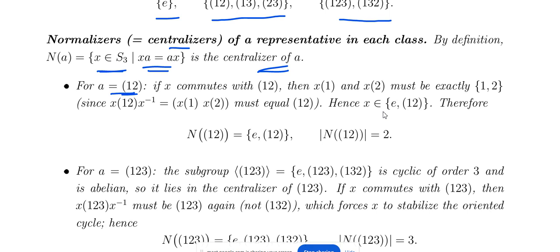That is, x(1 2)x inverse is equivalent to (x of 1 x of 2), which is equivalent to (1 2). So x belongs to {e, (1 2)}. Therefore the normalizer of (1 2) is {e, (1 2)}. So by the definition of the normalizer, what is the definition?